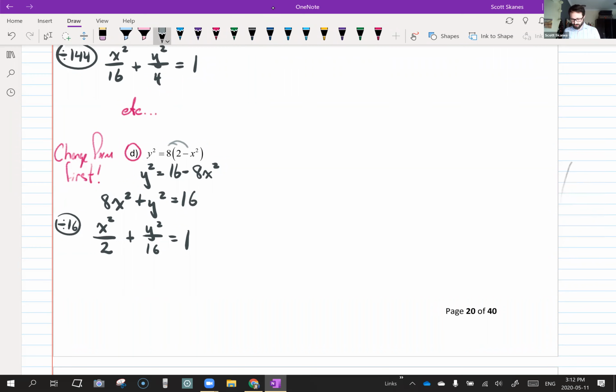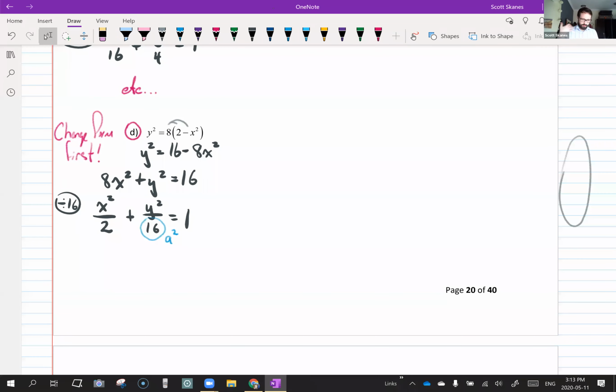Okay, that was a terrible example. But it will be stretched vertically, not horizontally. And it all comes down to this guy here. That is our a squared now. The other one next to it will be our b squared. Remember, a squared or a is always our biggest one. All right, so let's go through the motions again. Let's do the whole thing again. What do we got here?